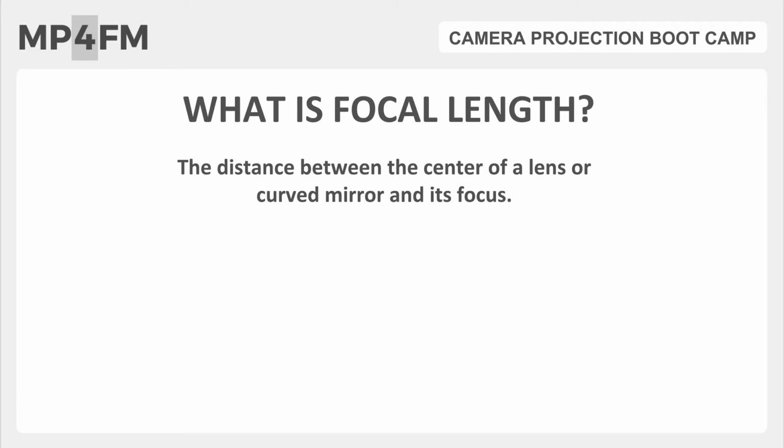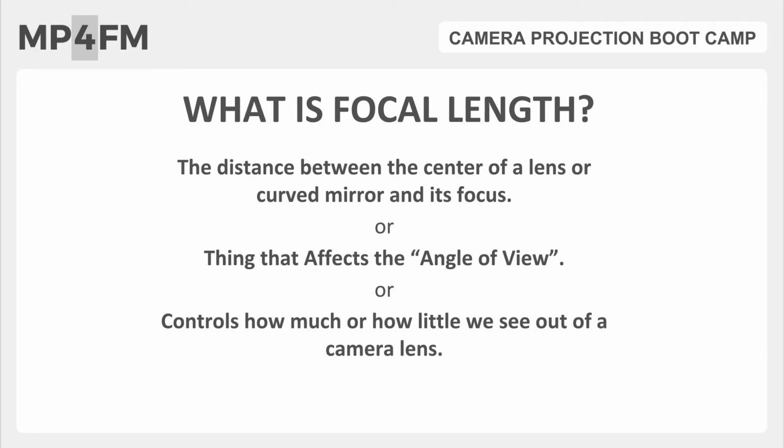And when I say digital cameras, they're just pieces of code in Maya or in Nuke or some other software package. Maybe a better definition for visual effects artists is that it's the thing that controls the angle of view. If you're not familiar with what the angle of view is, maybe a better definition would be that it controls how much or how little we see out of the camera lens.